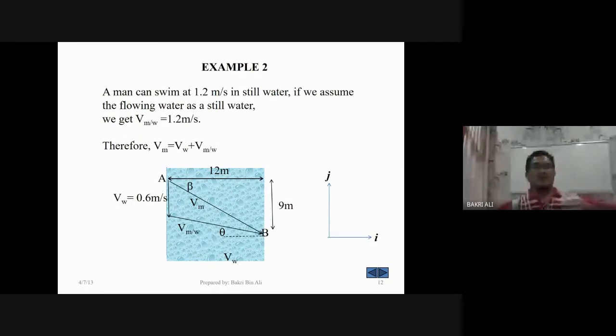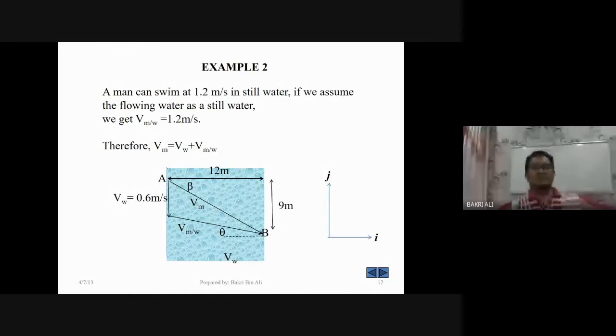From the equation, Vm equals Vw plus Vm/w. The actual velocity of the swimmer M must be given by the velocity of water plus the relative velocity of man with respect to the water.